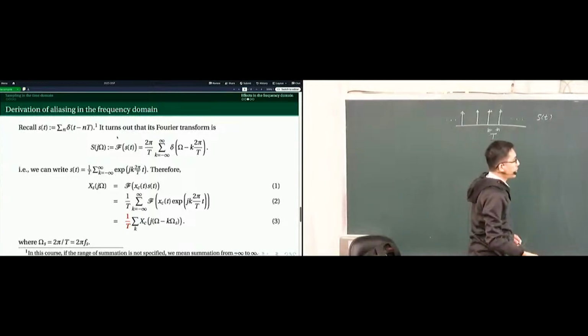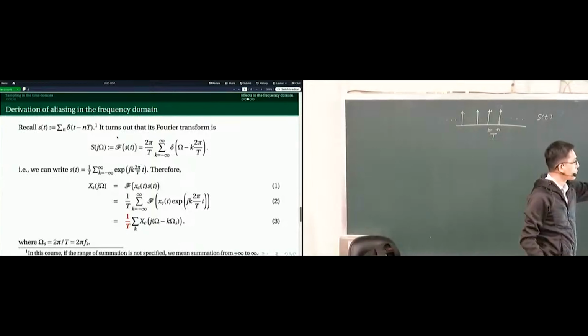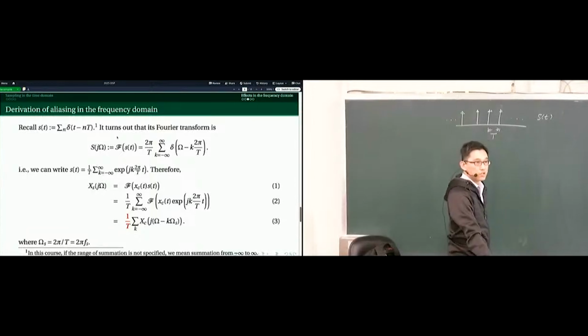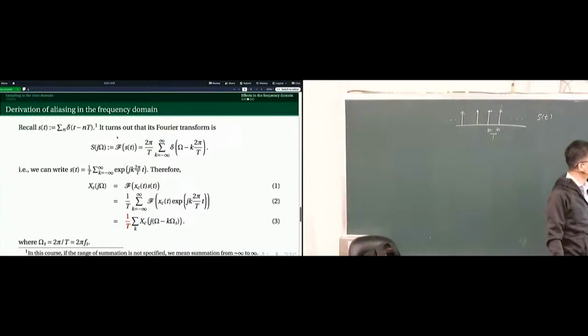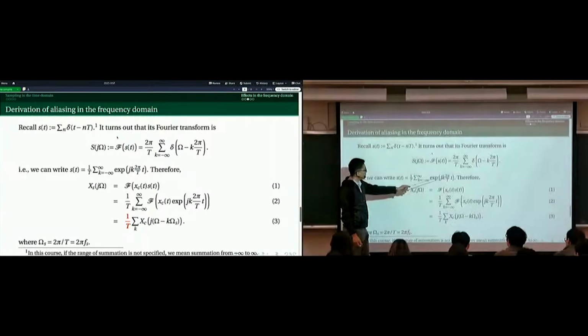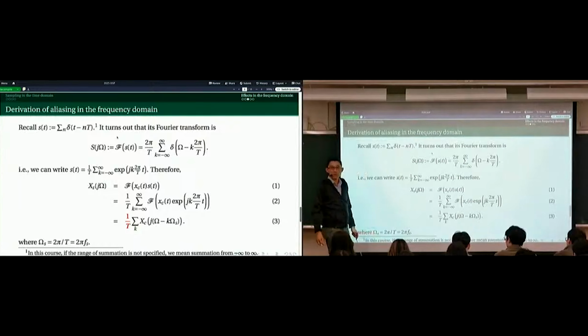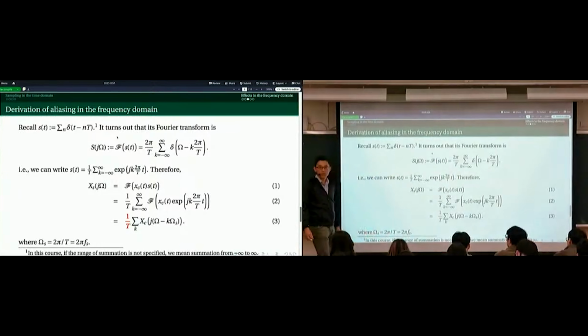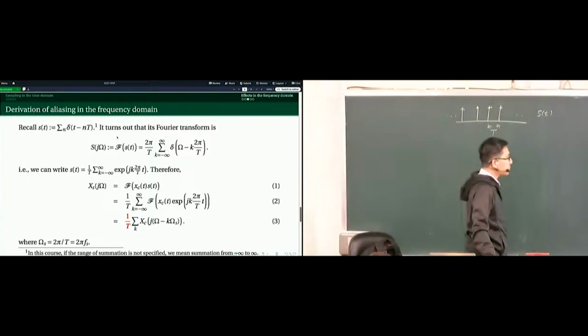We know that S of t is going to preserve its shape after Fourier transform. So the spectrum in the frequency domain still looks like a series of delta functions spaced by 2 pi divided by T. That's the spacing in the frequency domain, right?